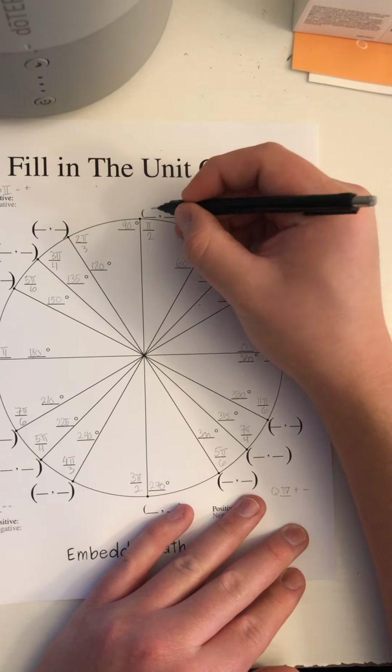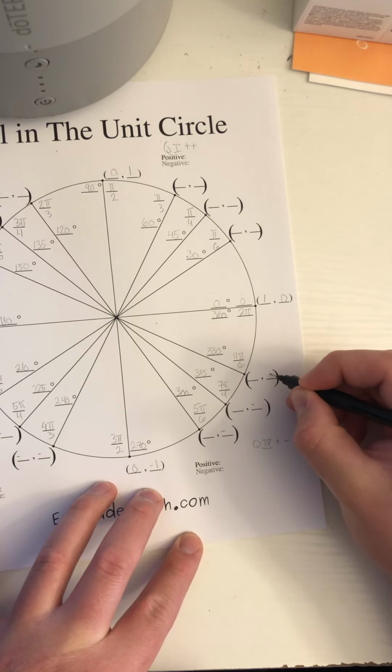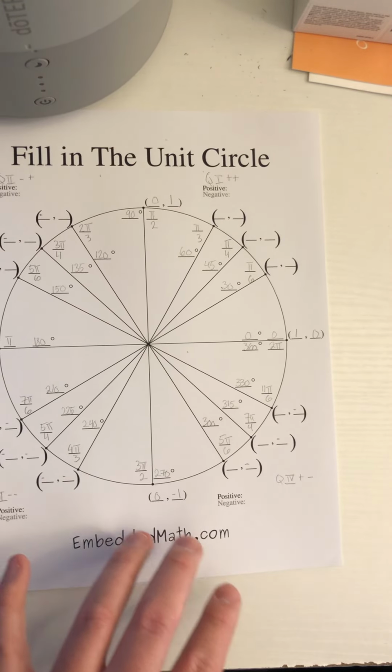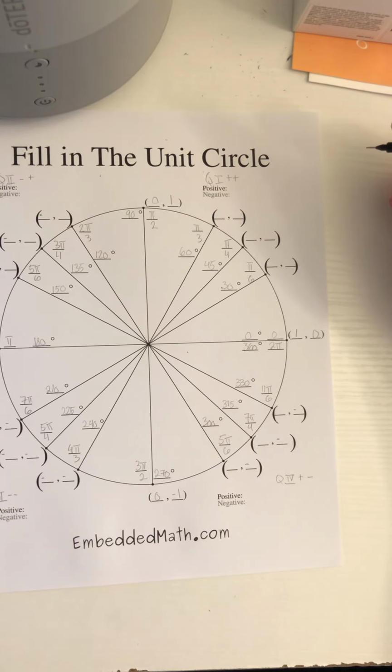In our quadrant 3, we know everything is going to be negative, our x and our y. So we'll go ahead and put negative, negative, negative, negative, negative, negative. And then for quadrant 4, we know all of our x values are going to be positive, but all of our y values are going to be negative. So we have negatives just in the y points.